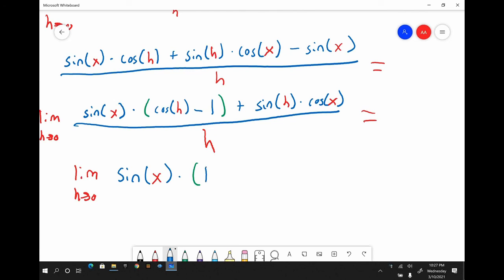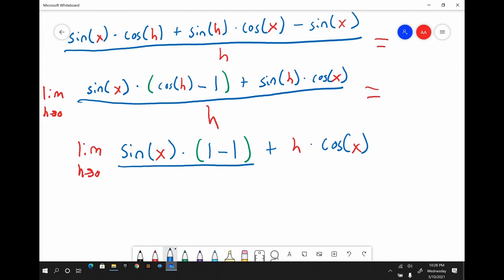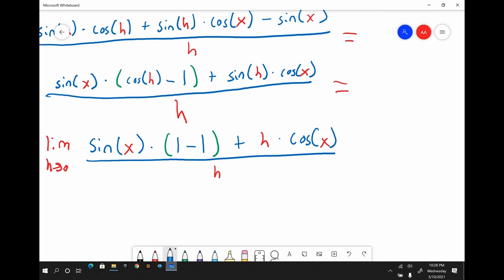So we'll have 1 minus 1 plus the sine of h, which we know for small inputs is equal to h, and then times the cosine of x, all divided by h.